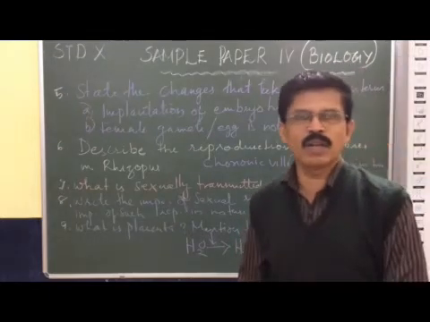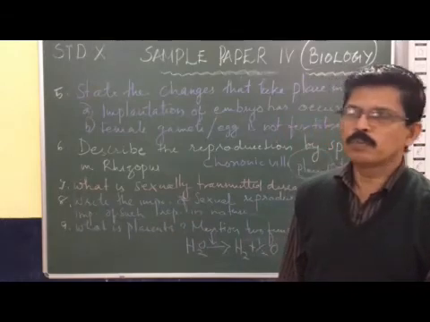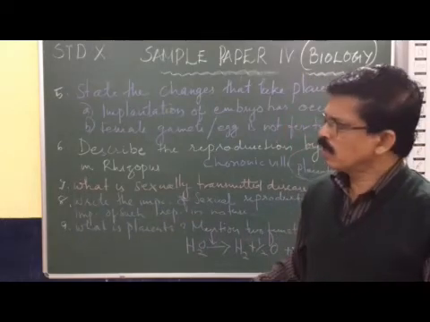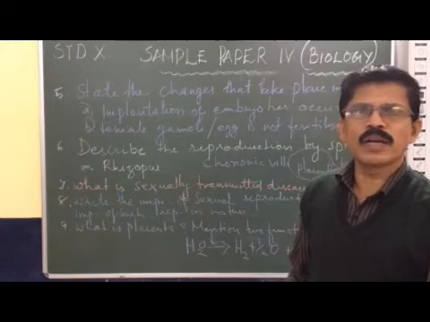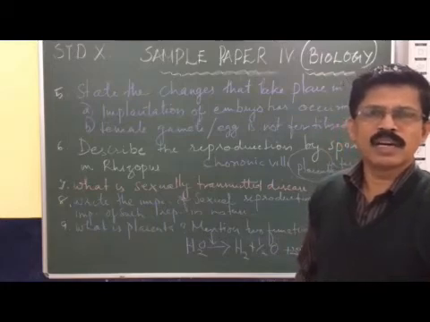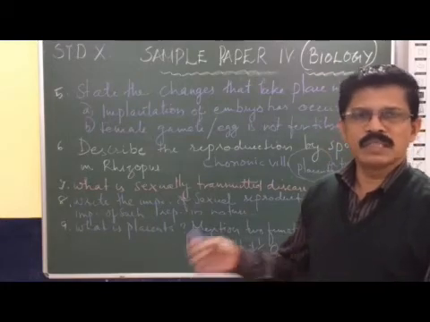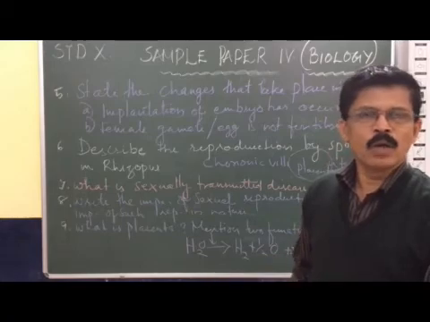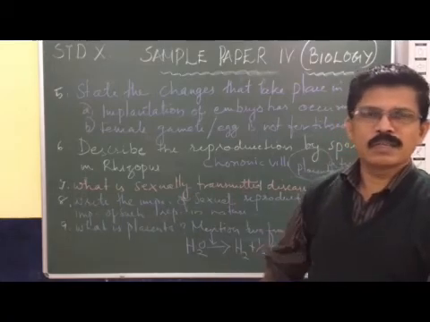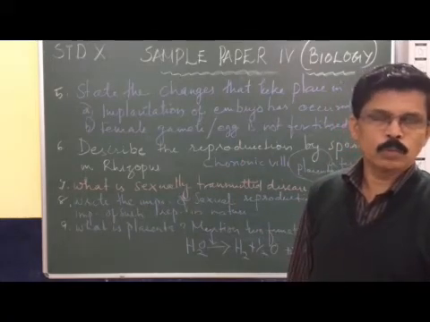Hyphae are the filamentous form of the fungus. Not only Rhizopus, in all fungi, the plant body is called hyphae. Hyphae together form mycelium, and these hyphae form the vertical hyphae that is called a sporangiophore.